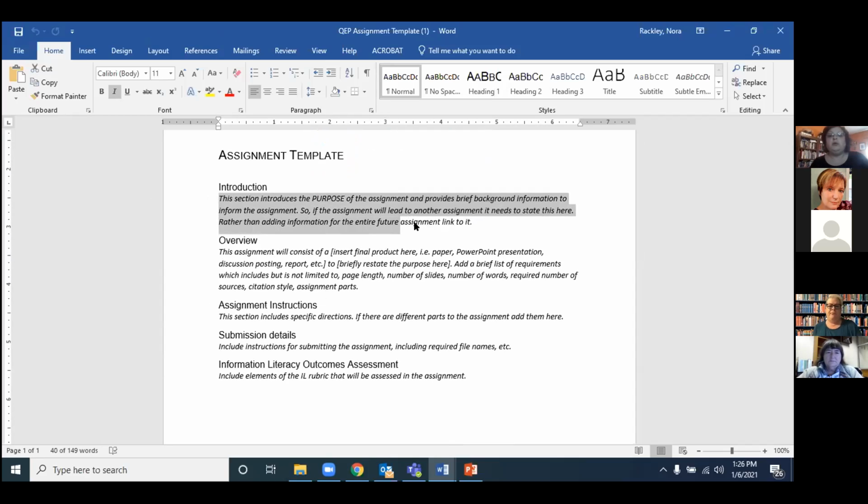This is where you would put any information about an assignment that's coming up. So if you've got a scaffolded project where you're having them do maybe an annotated bibliography before they complete their paper, this is where you would say, this annotated bibliography will lead to a research paper on that same topic.